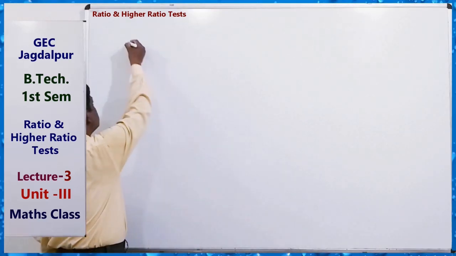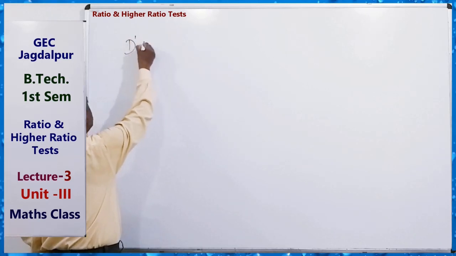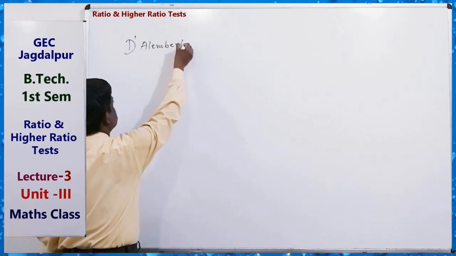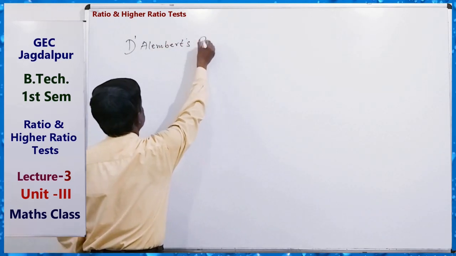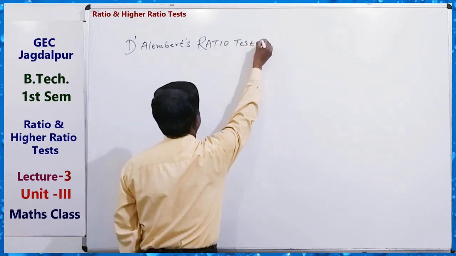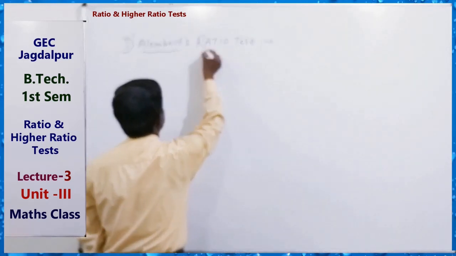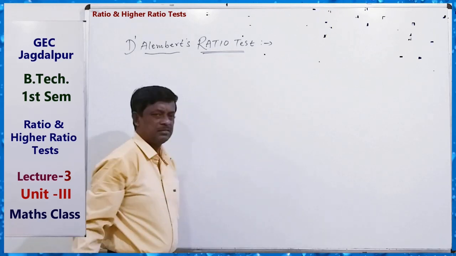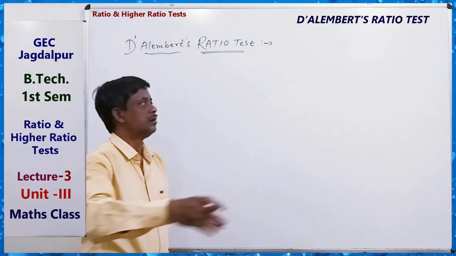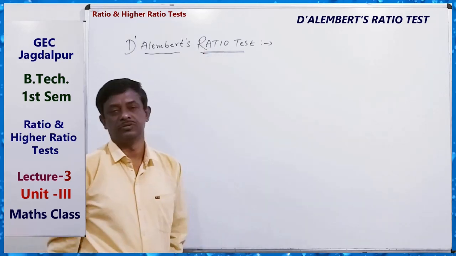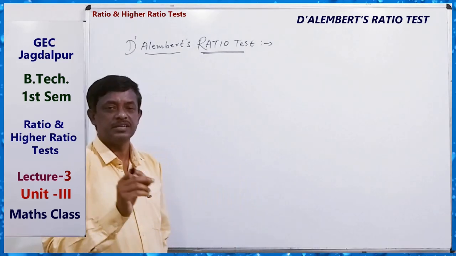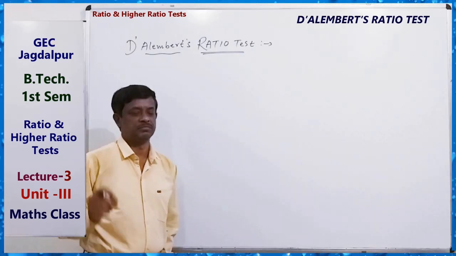Here is D'Alembert's ratio test, known as the ratio test. Generally, all the forthcoming tests will depend on this ratio of the nth term and the n plus 1 term of the series.